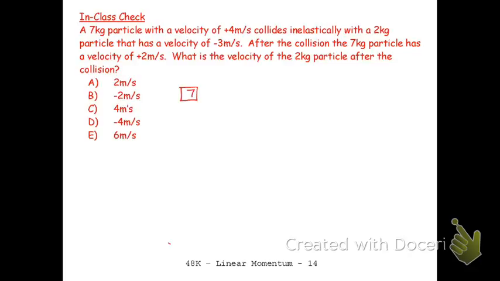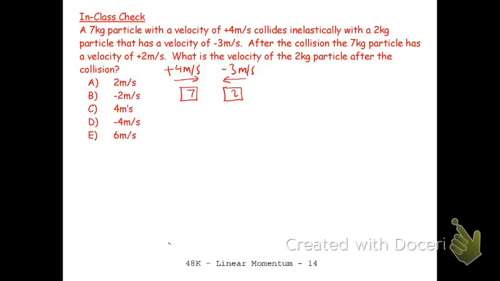So a 7 kilogram. I like to draw my little visualization. A 7 kilogram object with a speed of 4 meters per second, and it's to the right, so we'll call it positive, collides inelastically with a 2 kilogram particle that has a velocity of minus 3 meters per second.